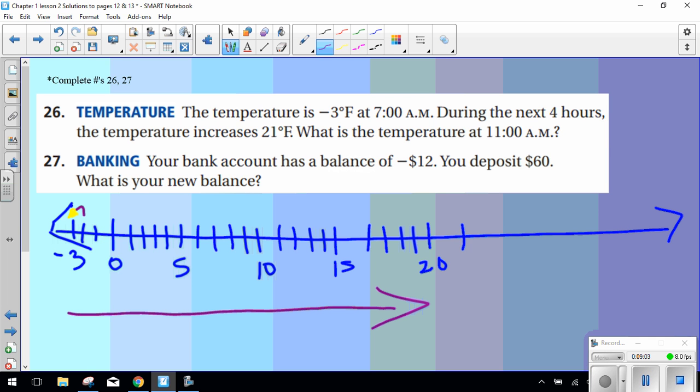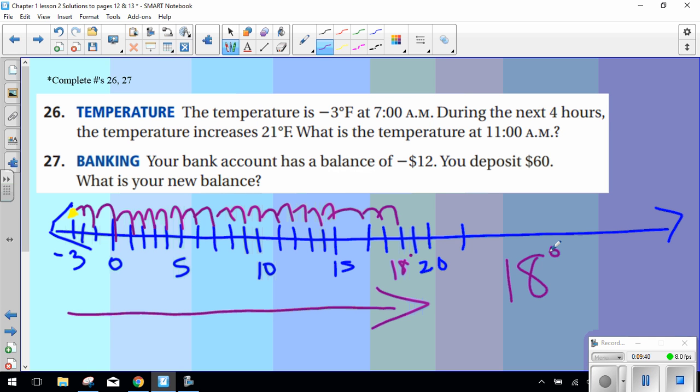So 1, 2, 3, 4, 5, 6, 7, 8, 9, 10, 11, 12, 13, 14, 15, 16, 17, 18, 19, 20, 21. So to figure out that number, here's 15, 16, 17, 18. So what is the temperature at 11 a.m.? 18 degrees. Now there's another way we can do this.